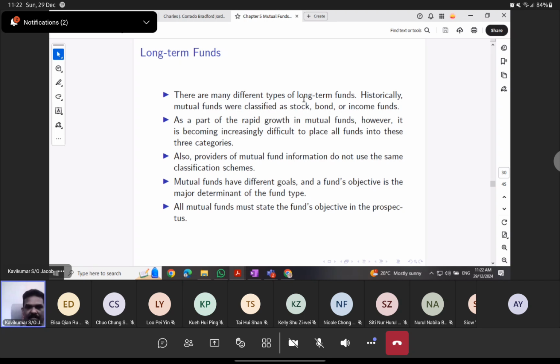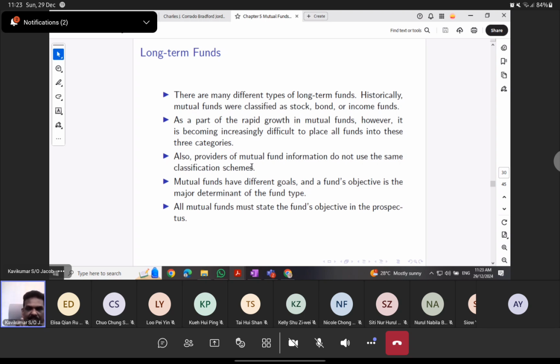Long-term funds: there are many different types of long-term fund. Historically, mutual funds are classified as stock, bond, and income funds. As a part of the rapid growth in mutual funds, however, it is becoming increasingly difficult to place all funds into these three categories. Not all providers of mutual fund information use the same classification.